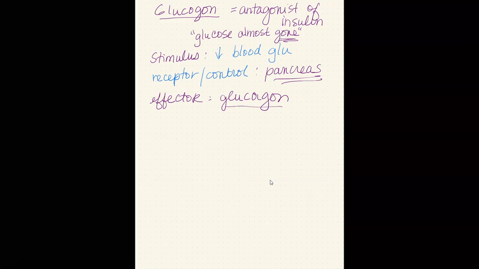It gets dumped into the blood, and then the result, and if you can't remember anything, you can always remember the basic result has got to be the opposite of the stimulus. If the stimulus is decreased blood glucose, then the result is increased blood glucose. How are we going to do that?